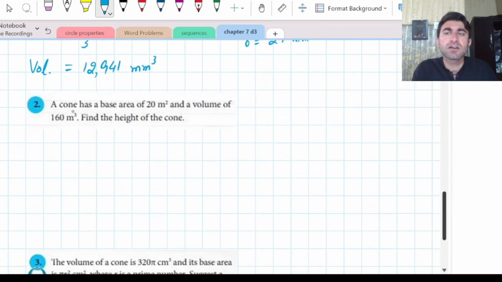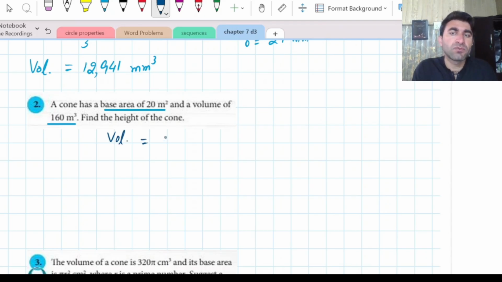It states a cone has a base area of 20 meter square and a volume of 160 meter cube. Find the height of the cone. We know height of the cone is involved only in the volume formula, and volume is given as 160 meter cube, and the formula for volume is 1 upon 3 into base area into height of the cone.